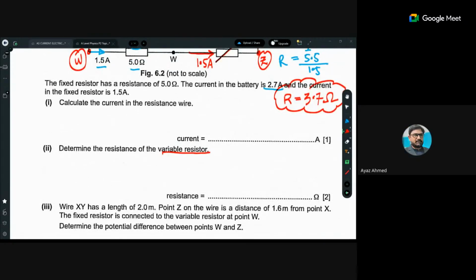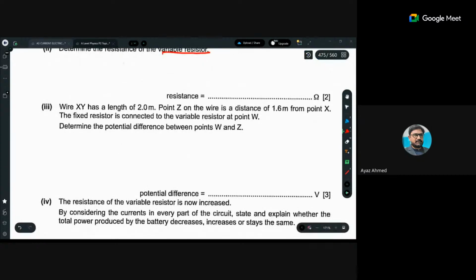Yes sir. Okay. Now this question is getting more and more difficult, with 1 mark, 2 marks, and now it is for 3 marks. The wire XY has a length of 2 meters. The distance of the wire till point Z is 1.6 meter.